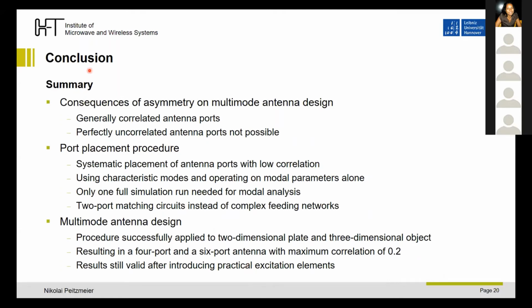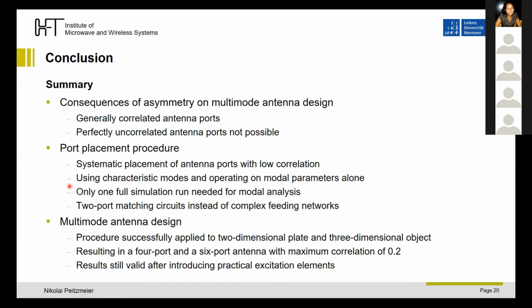So first of all, we had a look in a general way on the consequences of asymmetry on multimode antenna design. We've shown perfectly uncorrelated antenna ports cannot be realized. However, we can try to minimize the correlation in a systematic way by using characteristic modes. And especially our proposed procedure only needs one full simulation run in order to perform the modal analysis.